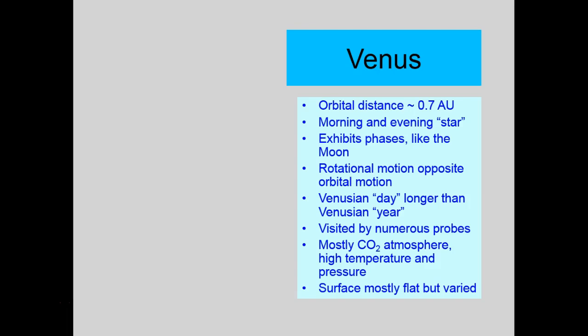We get swung around and it sends them out further away. You get into a very highly elliptical orbit, and you use Venus's gravity to pull you in and sling you out. So even when we're not going to visit Venus, we will still visit Venus by numerous probes. Now, its atmosphere, I think I pointed this out, mostly carbon dioxide.